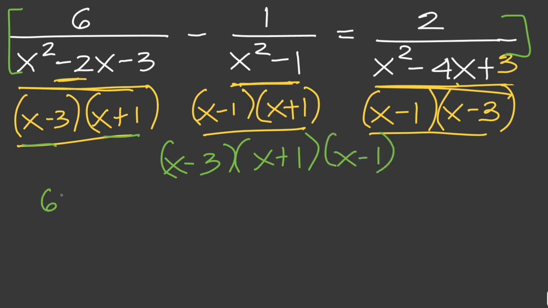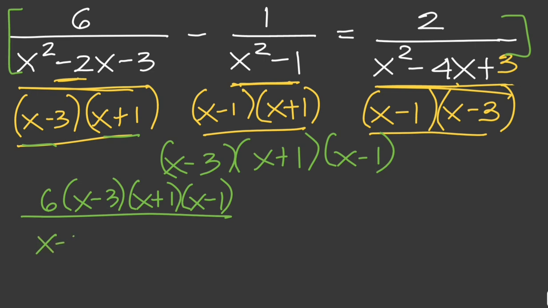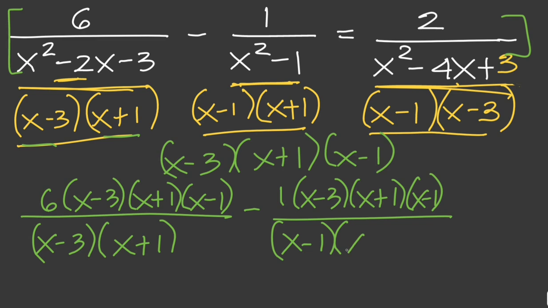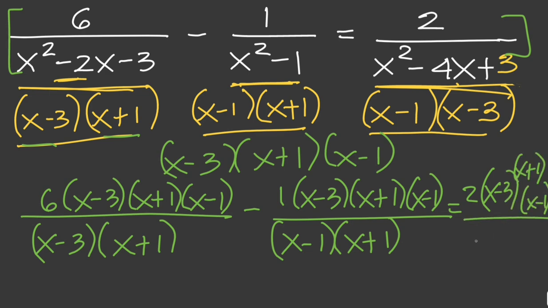This would become x times x minus 3 times x plus 1 times x minus 1 over x minus 3 times x plus 1, minus 1 times x minus 3, x plus 1, times x minus 1 over x minus 1 times x plus 1, equals 2 times x minus 3 times x plus 1 times x minus 1 over x minus 1 times x minus 3.